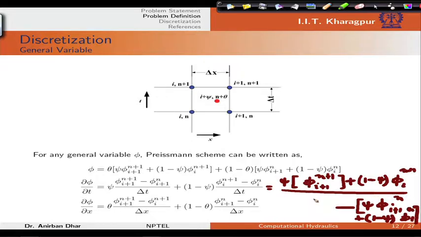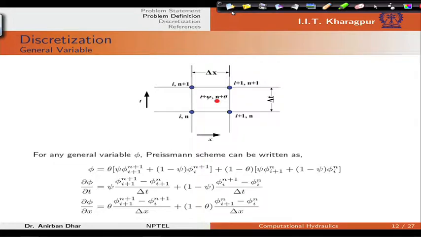So, we can subtract this and divide it by del t. So, this will give you this del t derivative, and similarly for del phi by del x we will get the weighted combination here.